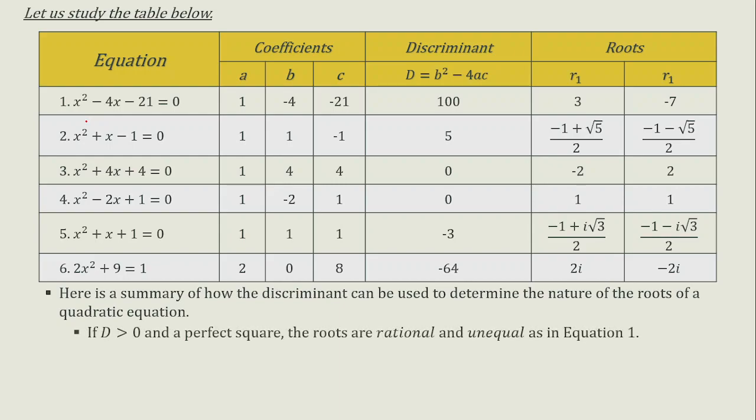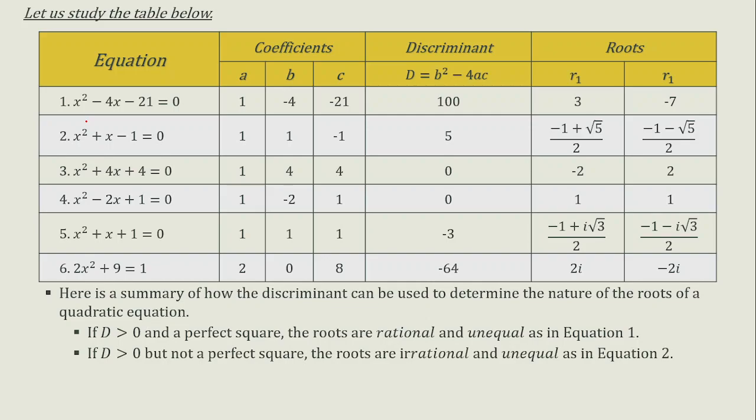If the discriminant is greater than 0 and a perfect square, the roots are rational and unequal as shown in equation 1. And the second case is, if the discriminant is greater than 0 but not a perfect square, the roots are irrational and unequal as shown in equation 2.